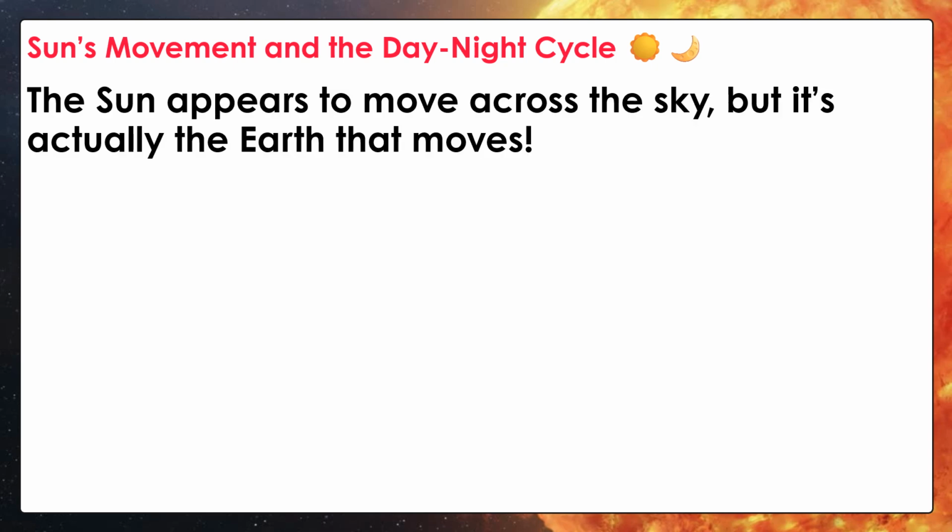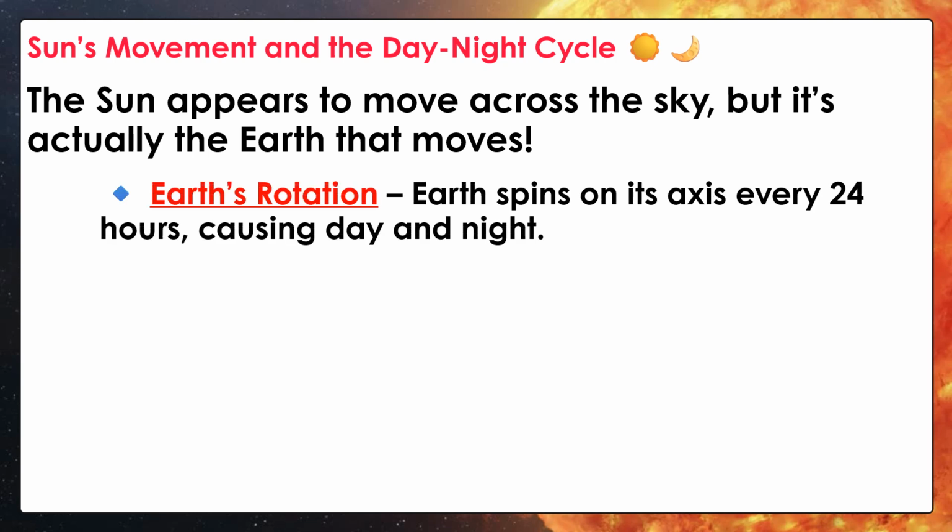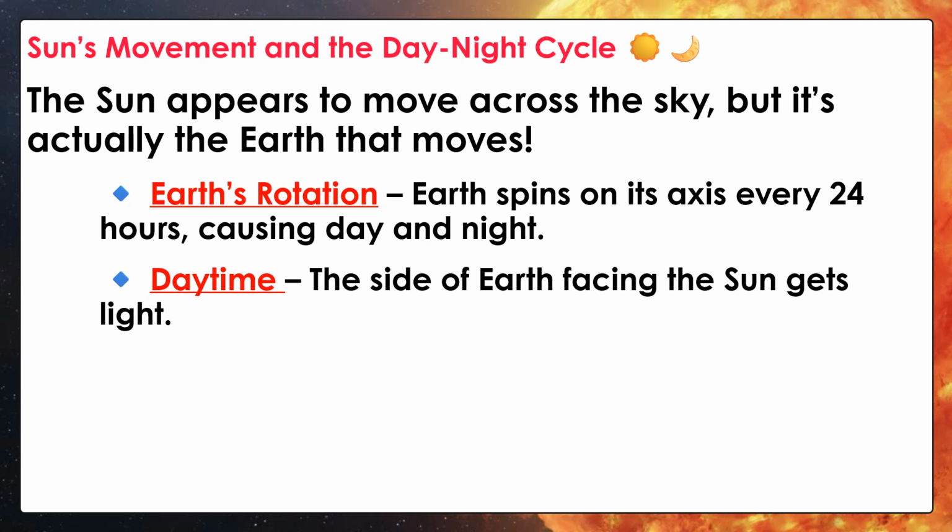Now, let us talk about the sun's movement and the day-night cycle. The sun appears to move across the sky, but it's actually the Earth that moves. Earth's rotation. Earth spins on its axis every 24 hours, causing day and night. Daytime.